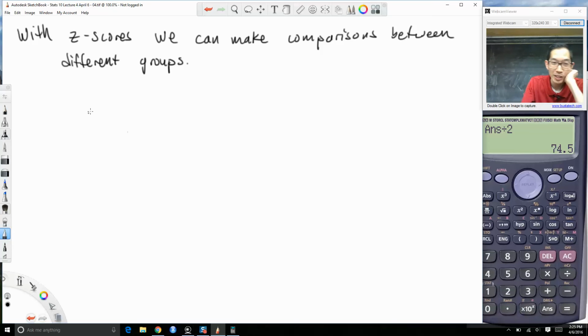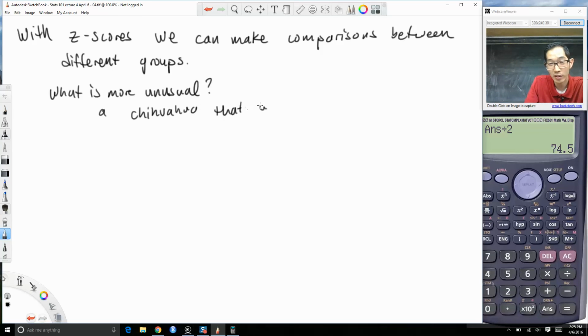Here, we'll change this. So what is more unusual? We'll say a Chihuahua that weighs, I don't know, 10 pounds, or a Great Dane that weighs, I don't know, 180 pounds.